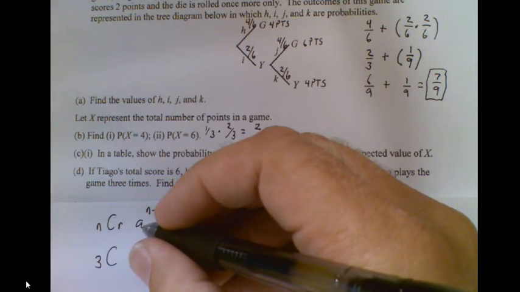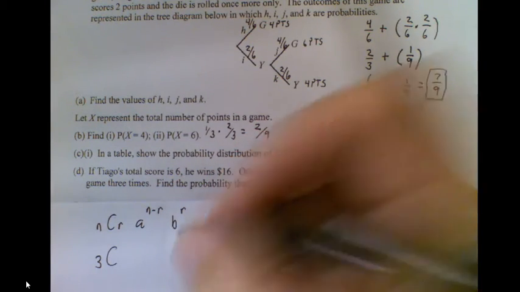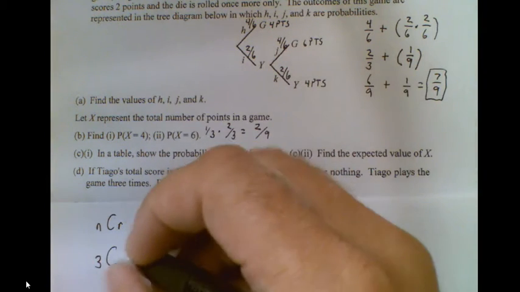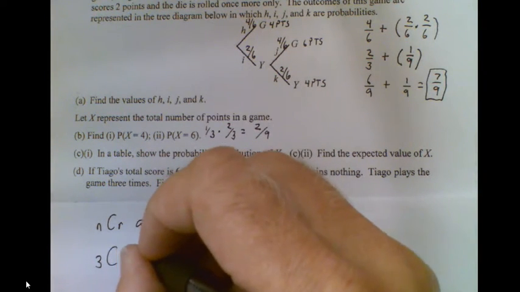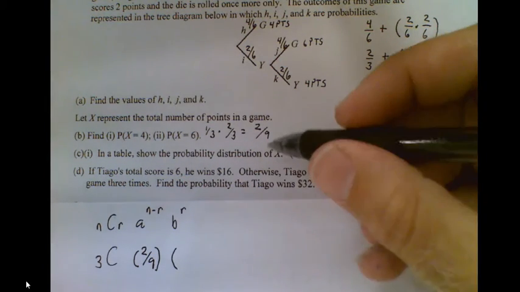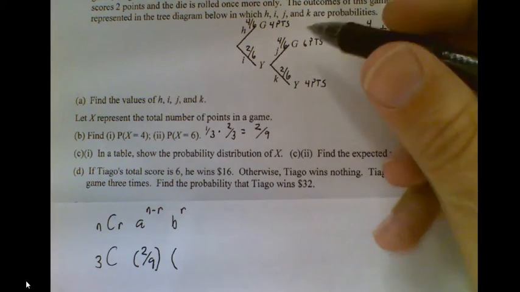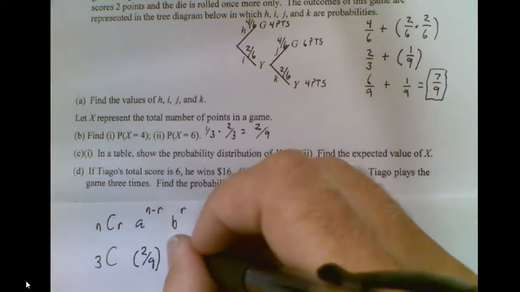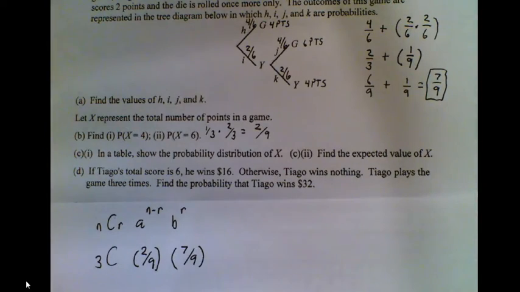A is our probability of success, and B is our probability of failure. Success is him getting a 6, which we know is 2/9. And our failure is if he does not get a 6, which the only other option was 7/9. That's the probability of not getting a 6, or probability of failure.